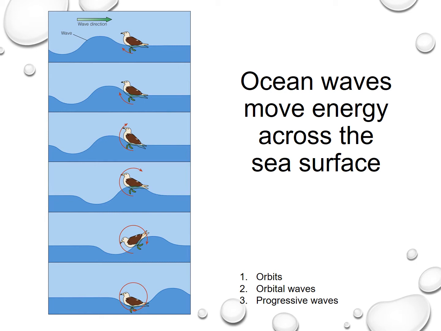These kinds of waves are also called orbital waves because the gull and the water molecules move in orbits. They're also called progressive waves because the wave is moving, but the objects are not.